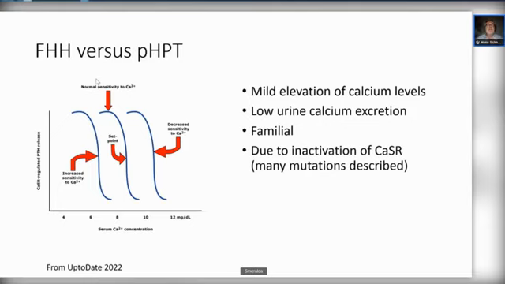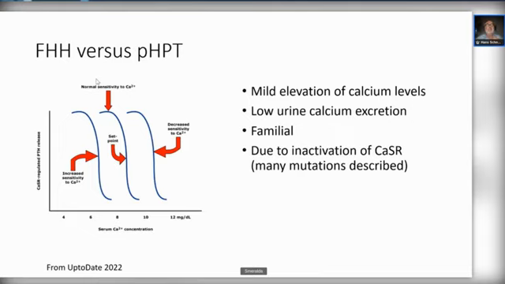When you shift this curve to the right, you have a less sensitive calcium sensing receptor. This inactivating mutation has been well described. Many mutations have been sequenced and shown. Conversely, you can also have a more sensitive receptor.